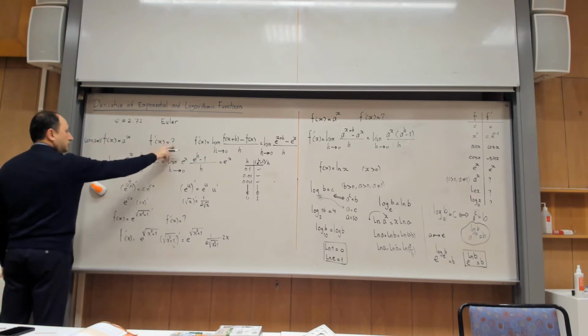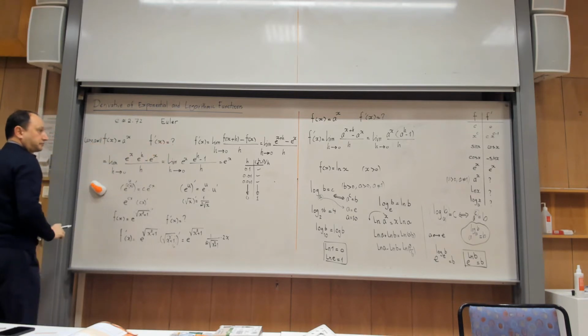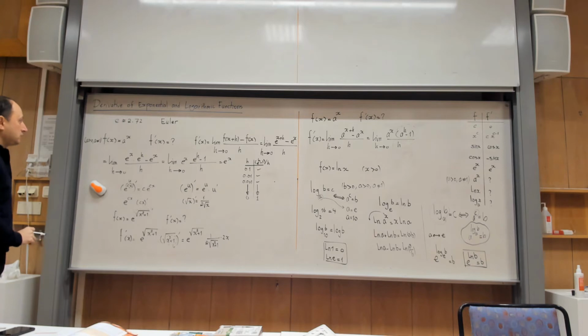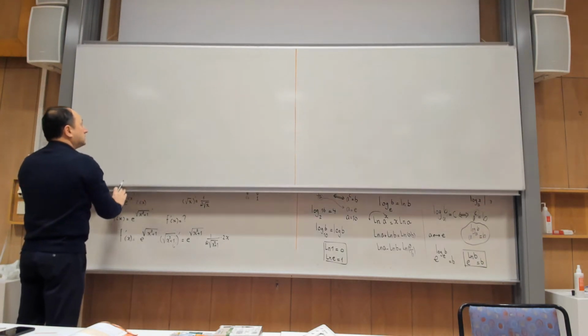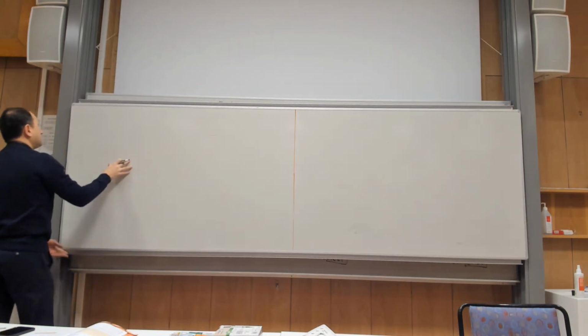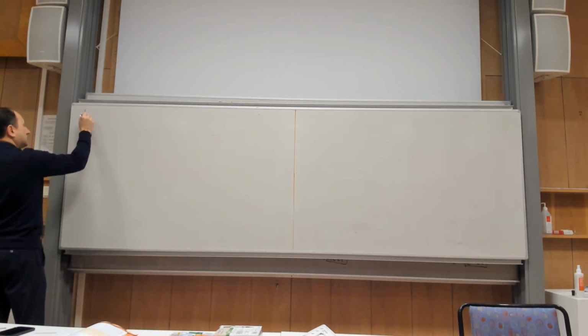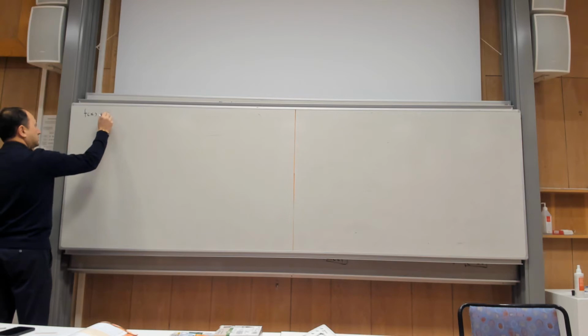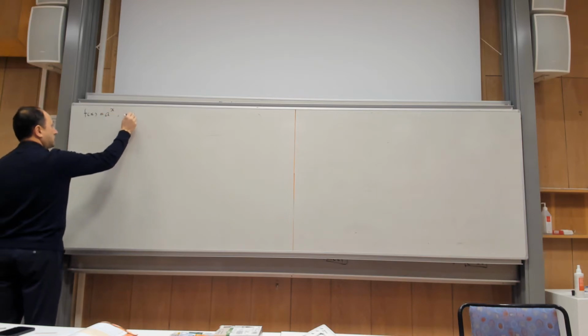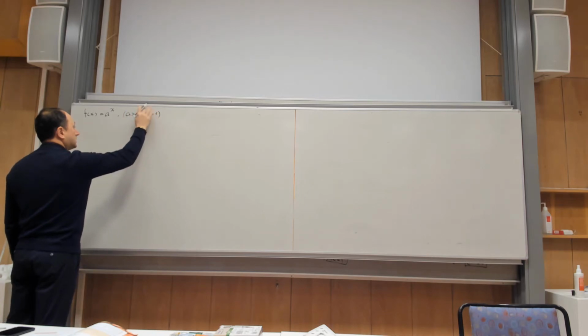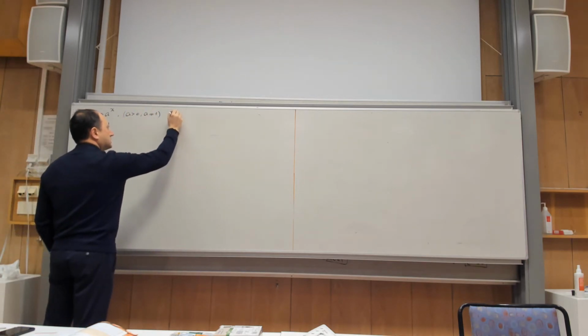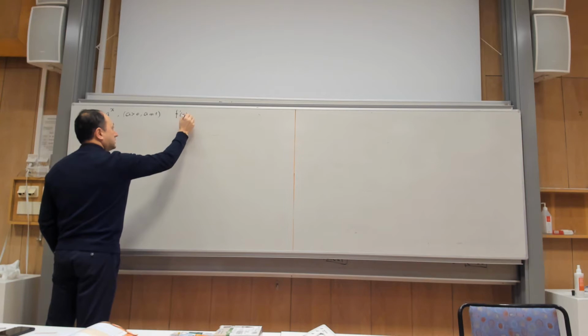I want to find its derivative. So how can I do that? So f of x is equal to a to the power of x, a is positive, a is not equal to 1. And then the question is what is its derivative?